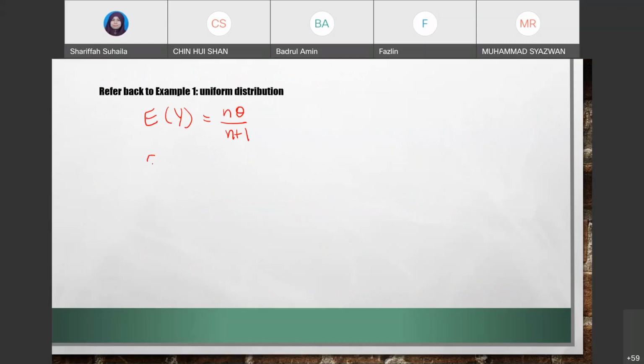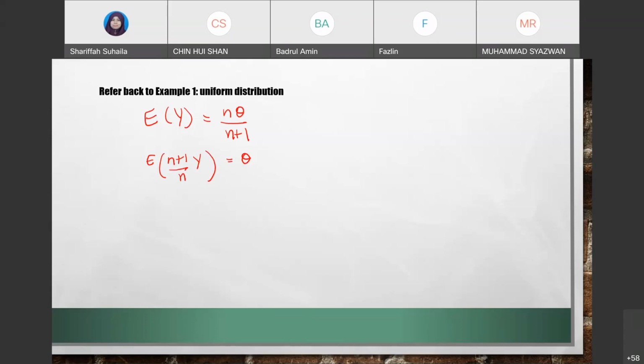So if you want to make it unbiased, that means n over n plus 1 is a constant, property for expected value. Sama juga kalau saya tulis n plus 1 over n, y here is equal to theta. Right? Sebab benda tu adalah constant. So that means this is an unbiased estimator bila kita ada n plus 1 over n y. Tapi kalau expected value of y je, dia bukanlah unbiased estimator.